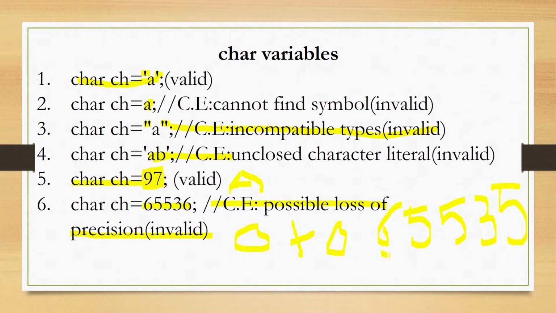If we write the number 65535, then we would get a proper output. But if we write a 6 here instead of 5 at the last place, then we would get an error, because the Unicode mapping ends at this number. So I hope that's clear.